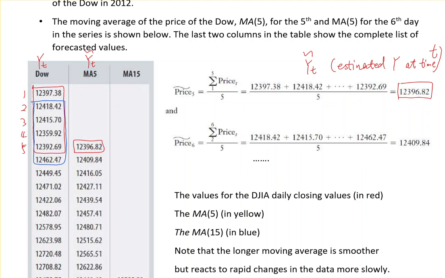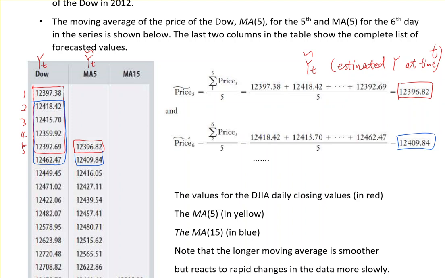The length is 5, so we move to the next 5 values and calculate the average of these 5 values. We sum up these 5 values and divide by 5. We get this, which is the estimated value at time 6.